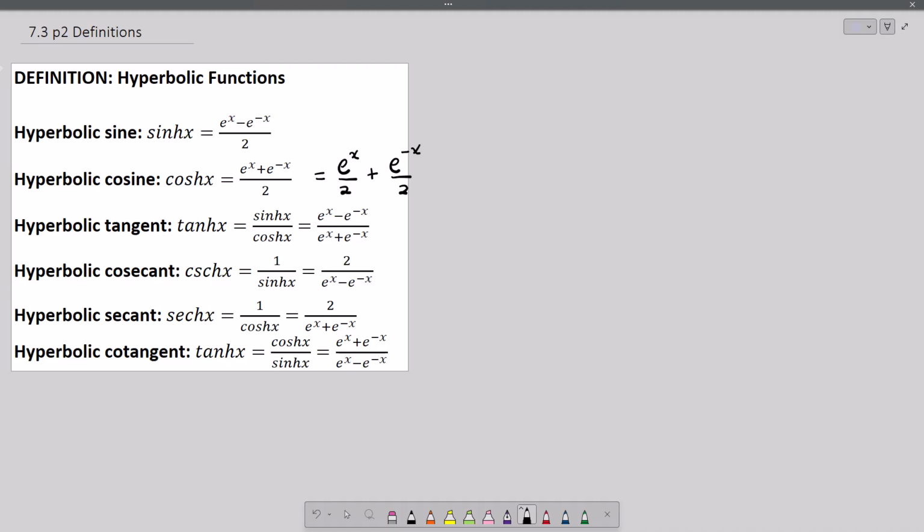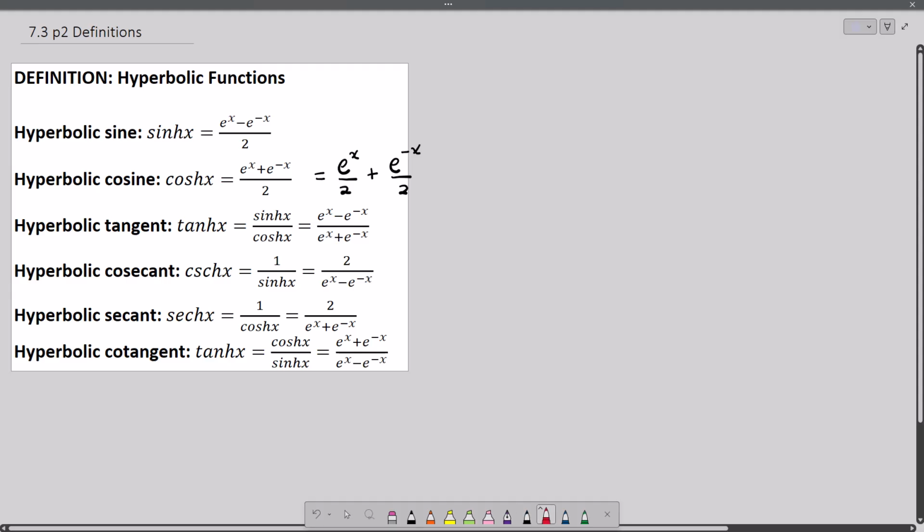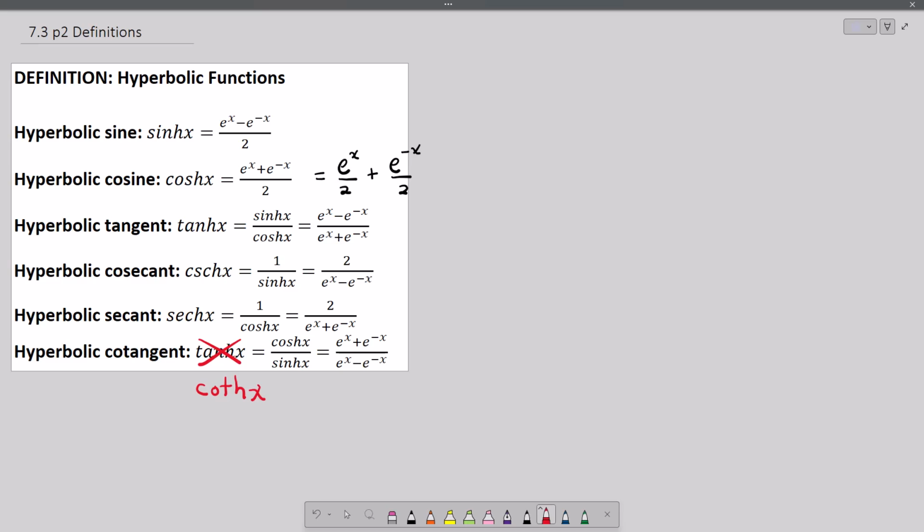Is hyperbolic tangent and cotangent supposed to be the same thing as tanh? This should be, yep, thank you. I will fix that error. That should be hyperbolic cotangent. So tanh will be sinh over cosh.